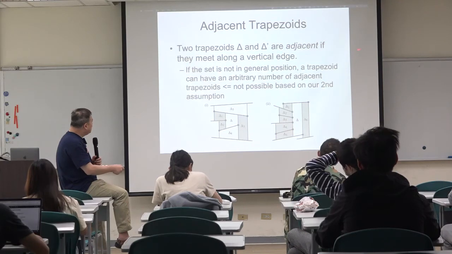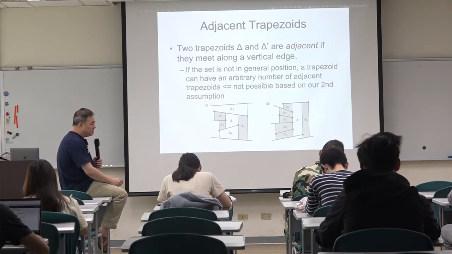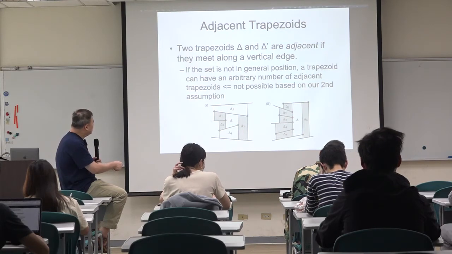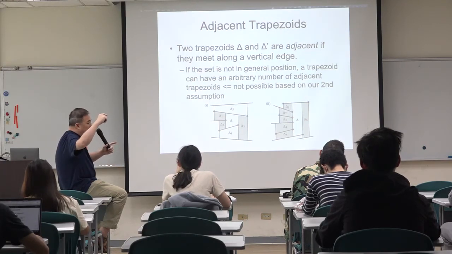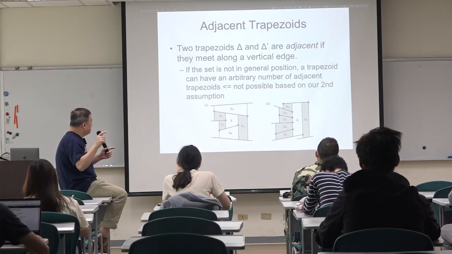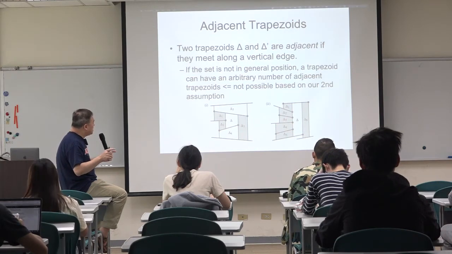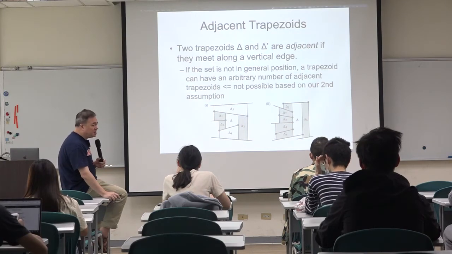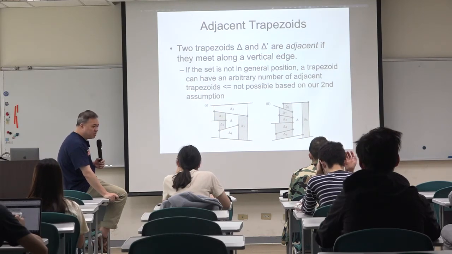Once you understand the definition of this neighbor relation, you will find that if the trapezoidal map was obtained from a subdivision that satisfies general position, then each trapezoid can have at most two neighboring trapezoids on one side.